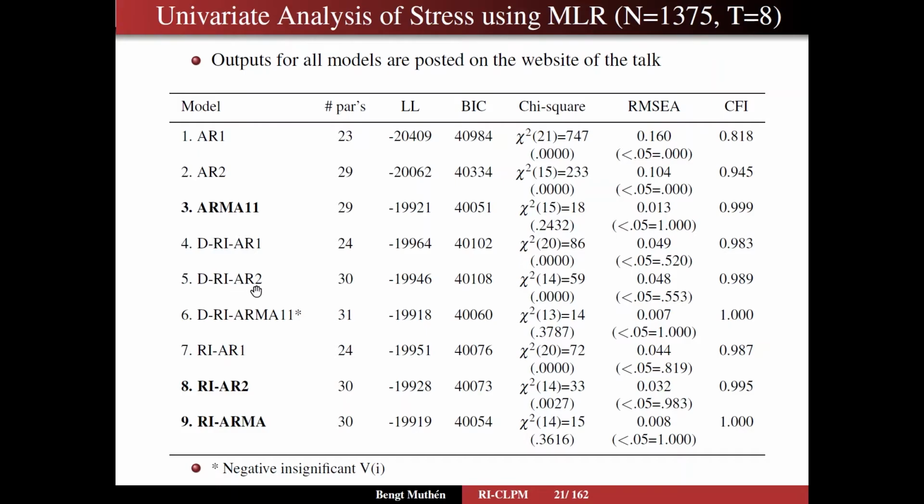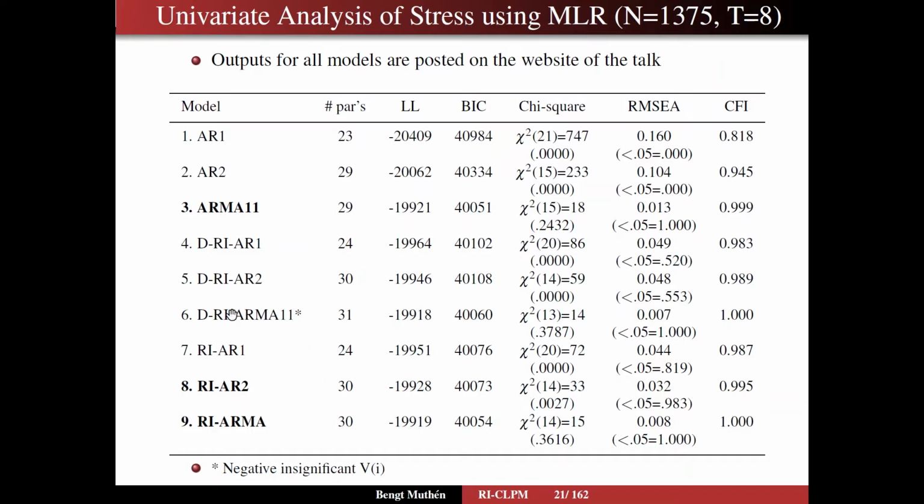And you can add a lag 2 to this random intercept model for the observed variables, and you still have a p-value of 0 here. And you can even try an ARMA model with this random intercept, and then you get a decent p-value, but you get a negative insignificant variance for that random intercept.